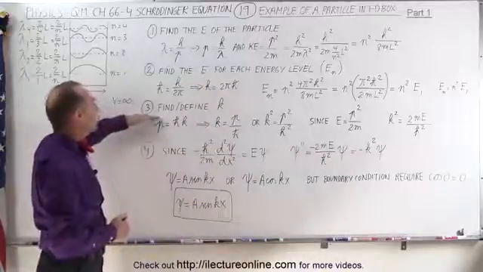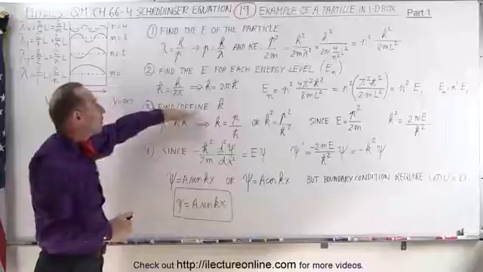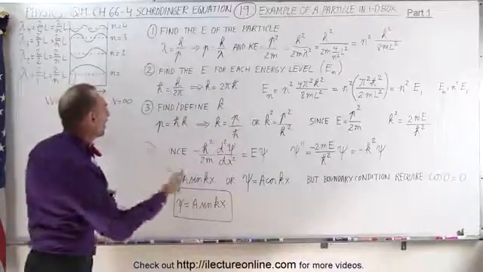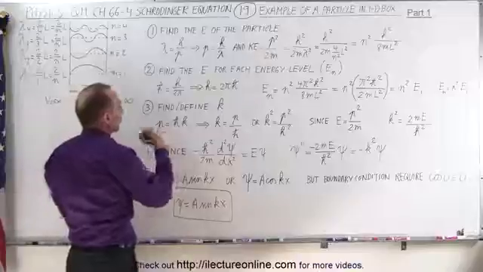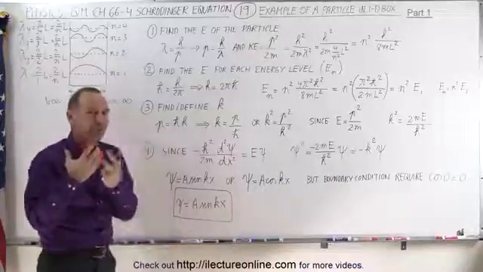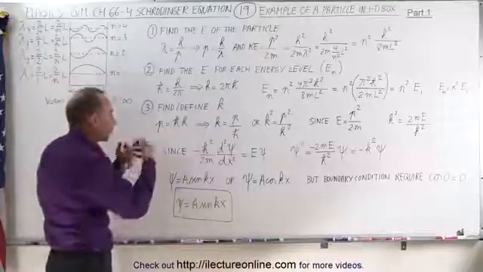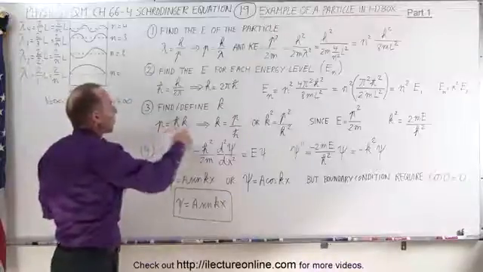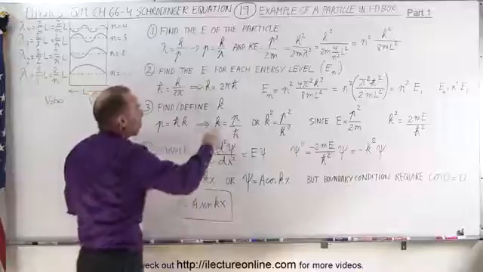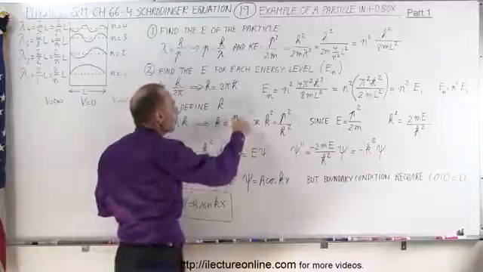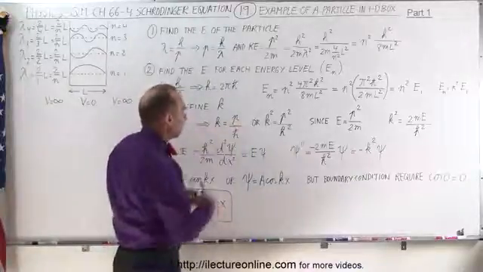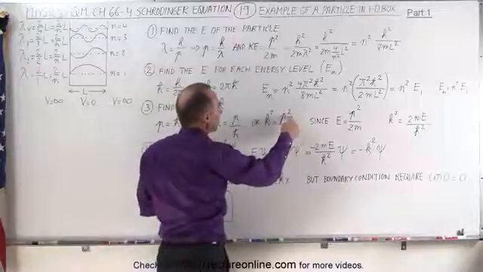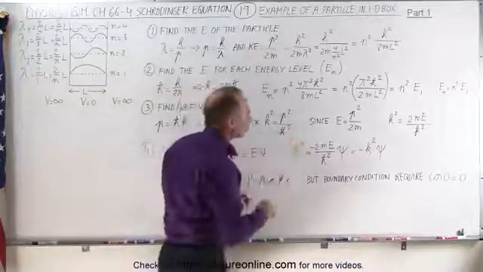The next thing we want to do is find or define the wave number k. Again, we start with the definition that the momentum for a photon, and of course Schrodinger used that same concept to represent the momentum of a particle, can be expressed as h bar times k, which means that the wave number is p, the momentum, divided by h bar. And if we square both sides, we can see that k squared equals the momentum squared divided by h bar squared.